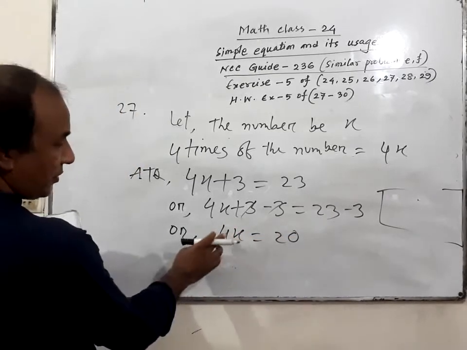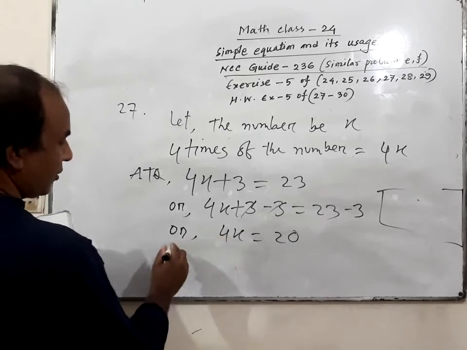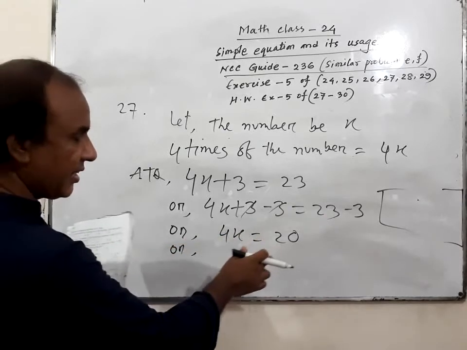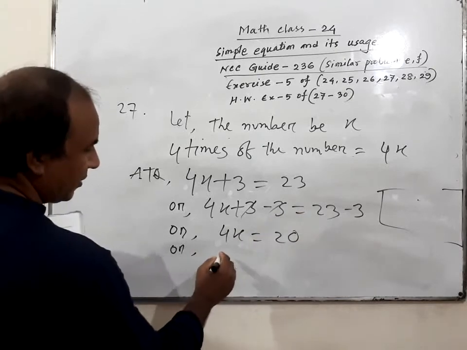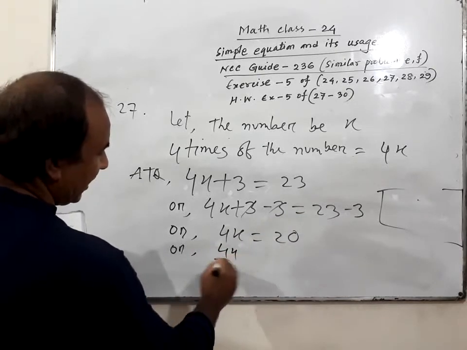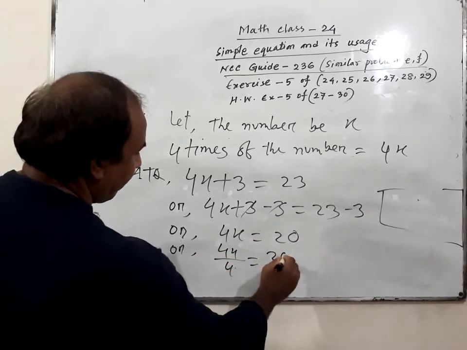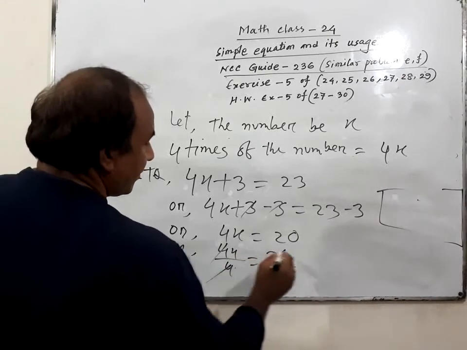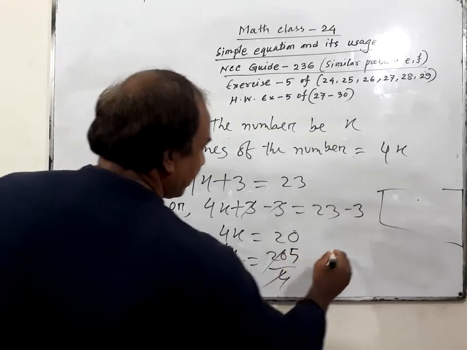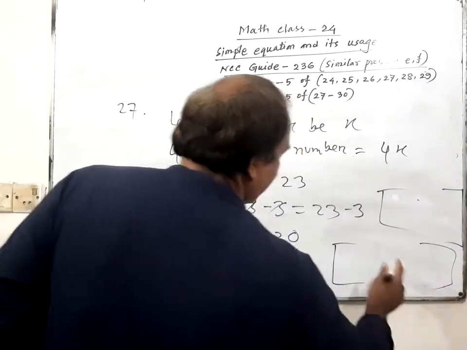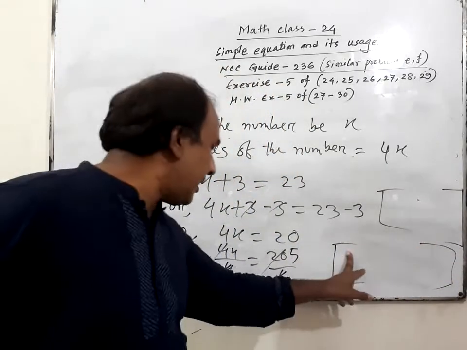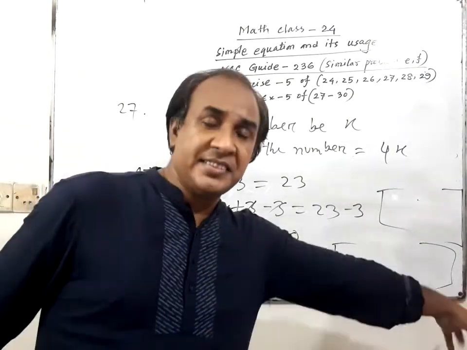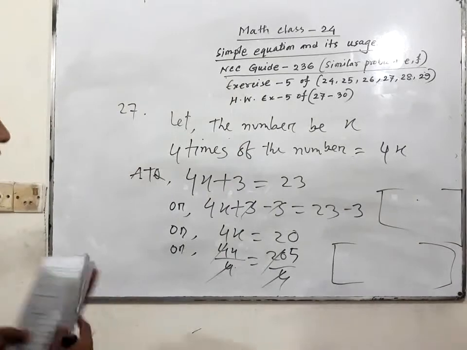Again we have to abolish 4. X and 4 are multiplied with each other, so we have to divide it by 4. So x by 4. We have to put a side note here: dividing both sides by 4.